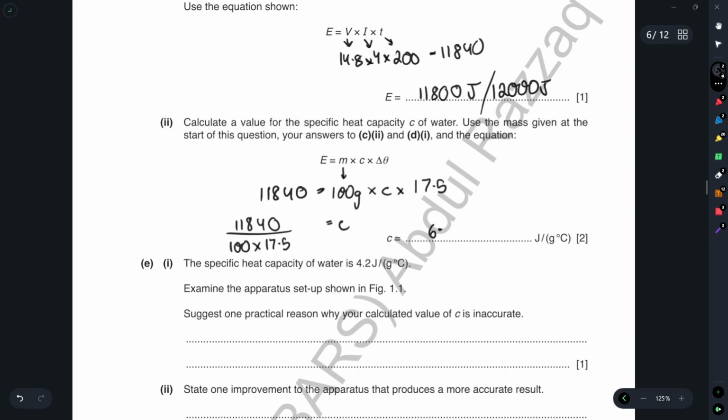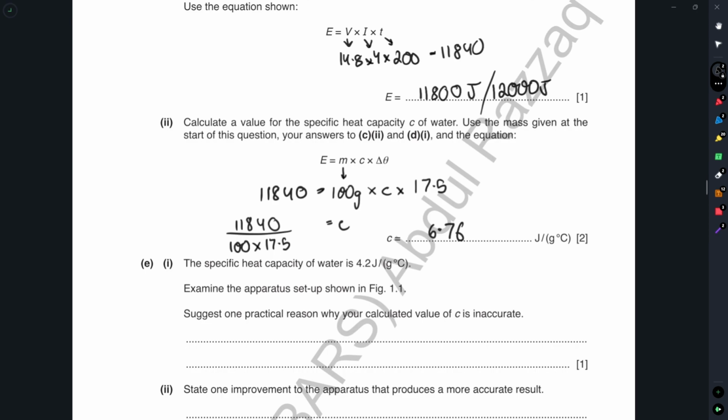So 6.76, or somewhere around that value, would be the correct answer. So that would be the specific heat capacity of water. Obviously, we know that the specific heat capacity of water is actually 4.2 joules per gram per degree Celsius. So that's exactly what the question is saying.